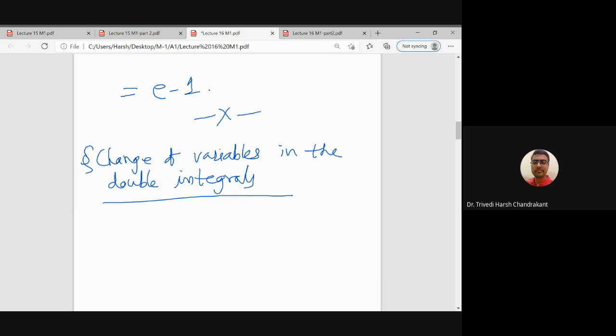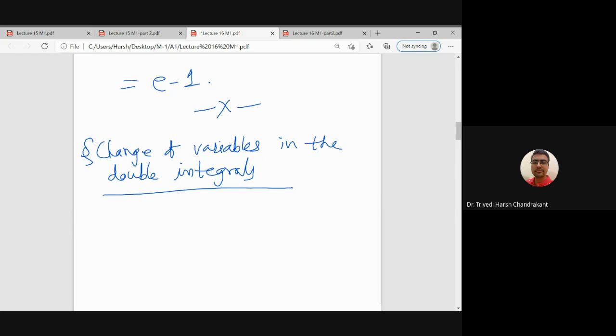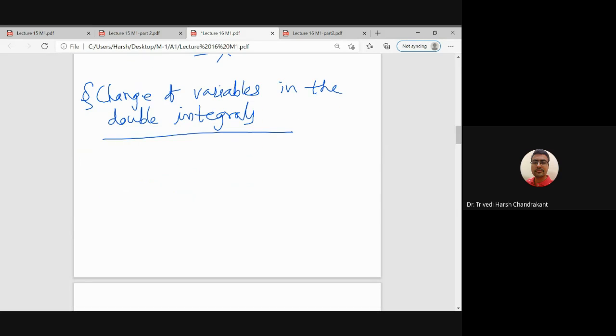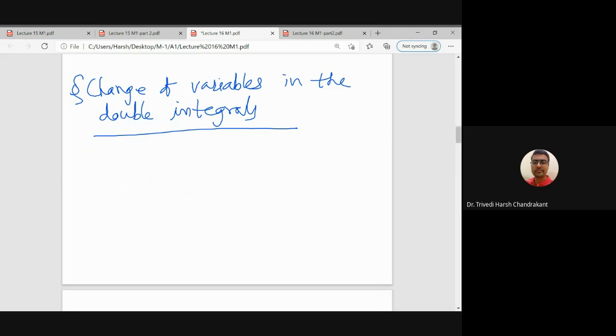Here, since we have two variables, to evaluate the integral we need to substitute the variables. So let us discuss first the general case, and then we will discuss the special case of polar coordinates.